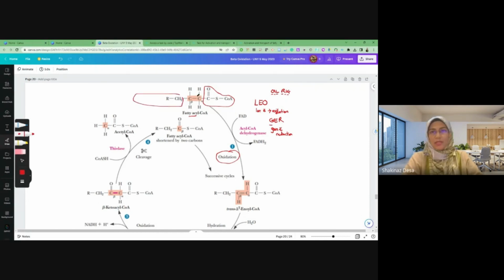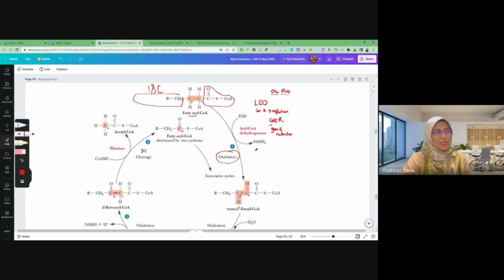So here we have carbon, hydrogen, CH2, and so on and so forth, because this is a saturated fatty acid. CH2 goes on for a long chain. Let's just assume we have 18 carbons.